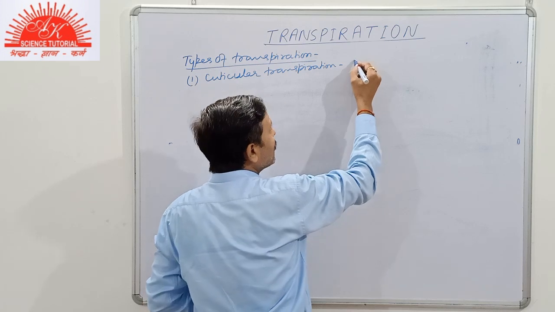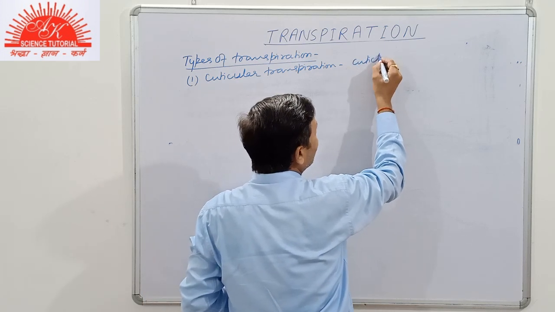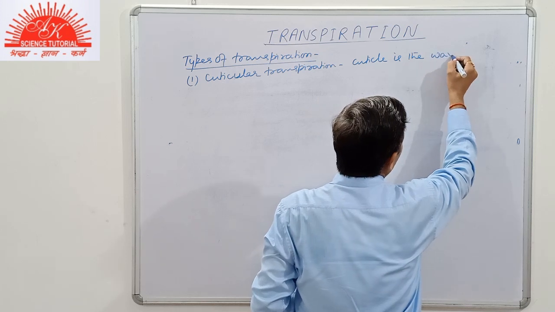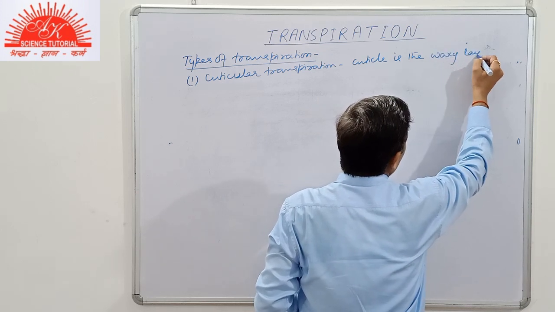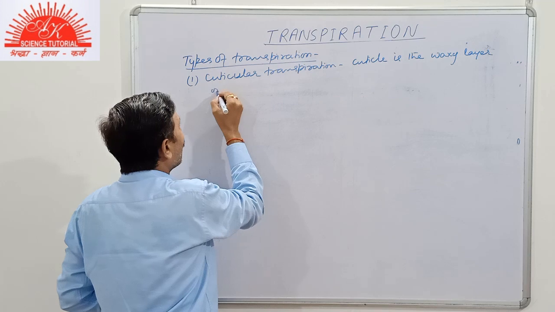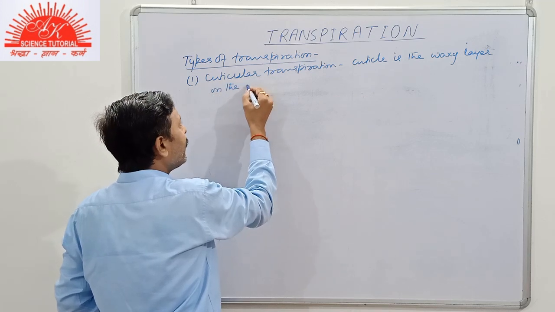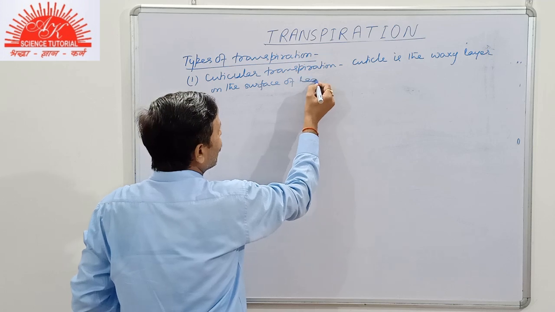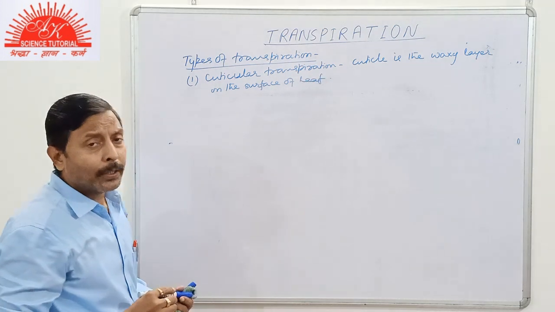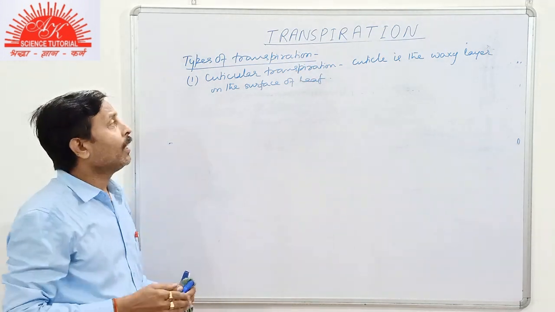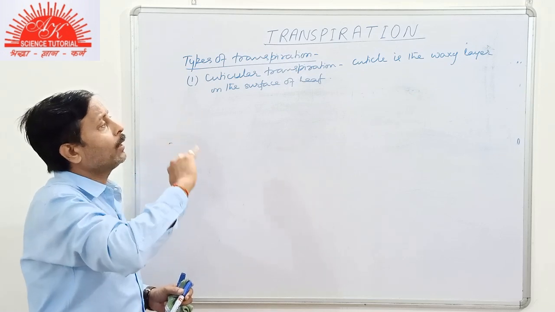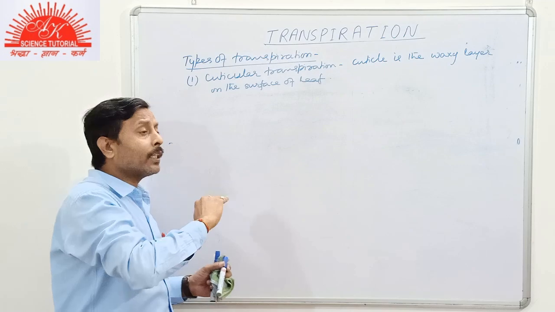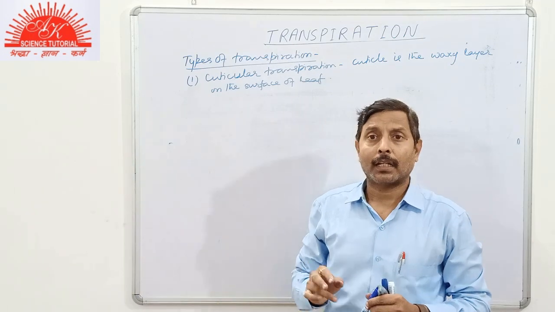Cuticle is the waxy layer on the surface of the leaf. On the surface of the epidermis of the leaf there is a thin layer of cuticle, a waxy layer, through which transpiration takes place.